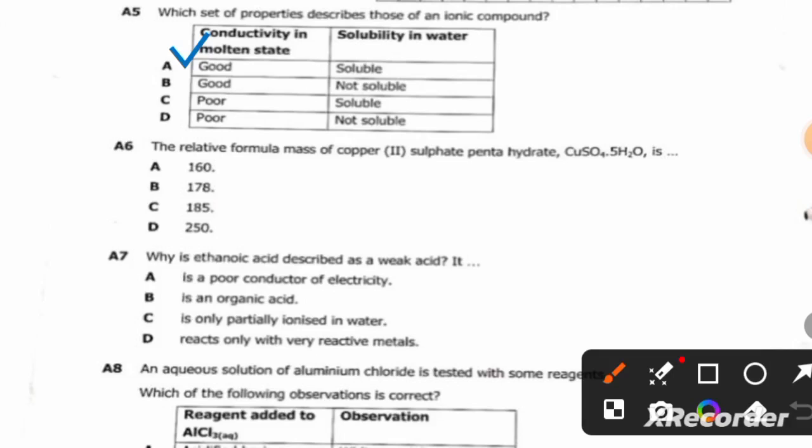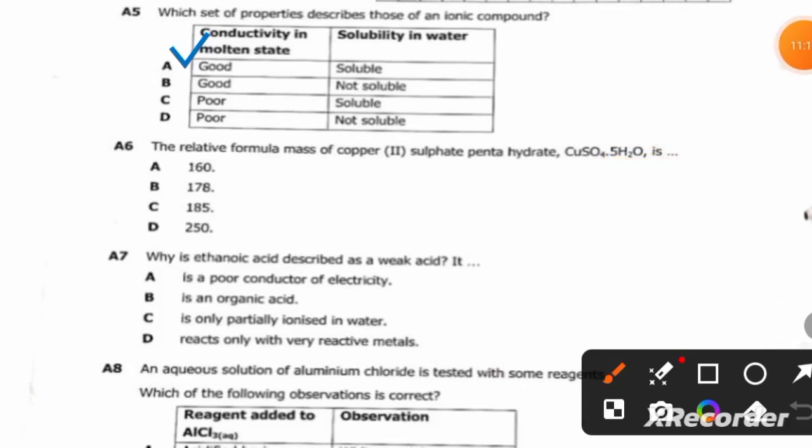This coefficient, this 5, is for everything, so everything coming after the 5 is being influenced by the 5 in front. So here we have 5 atoms of oxygen, and 4 atoms of oxygen, which makes it 9 atoms of oxygen.